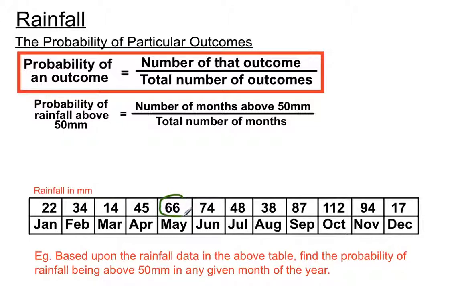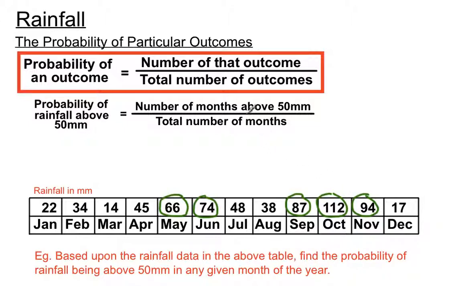May has a rainfall of 66 millimetres, that's above 50. June has a rainfall of 74 millimetres, that's above 50. We go across to September for the next one, that's above 50. October's well above 50, and November's above 50. So we have 5 months out of the year with rainfall figures above 50 millimetres.